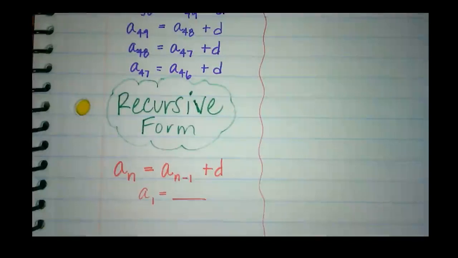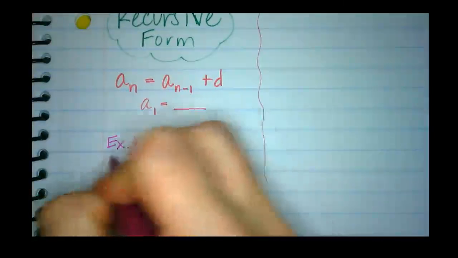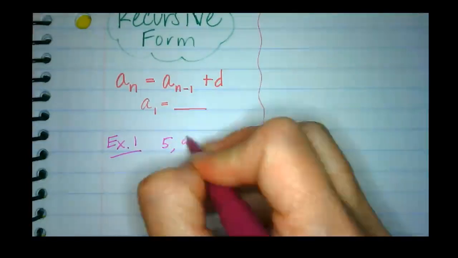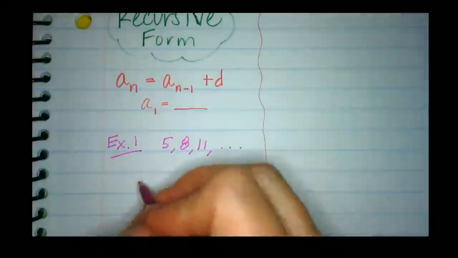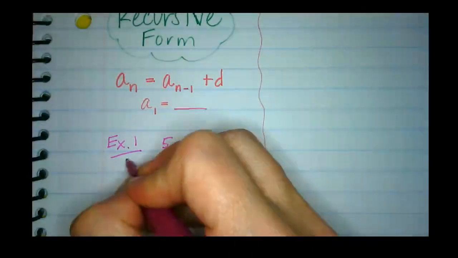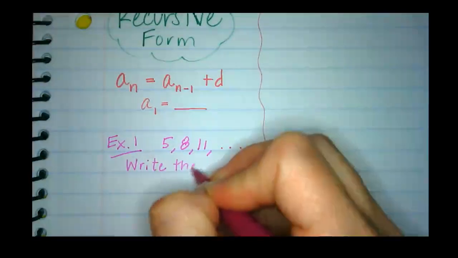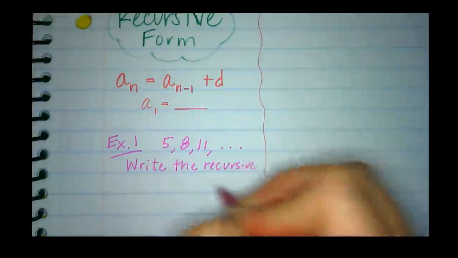Let's try an example. Let's say we had 5, 8, 11, and so on. If you wanted to find the nth term in the sequence, write the recursive equation.